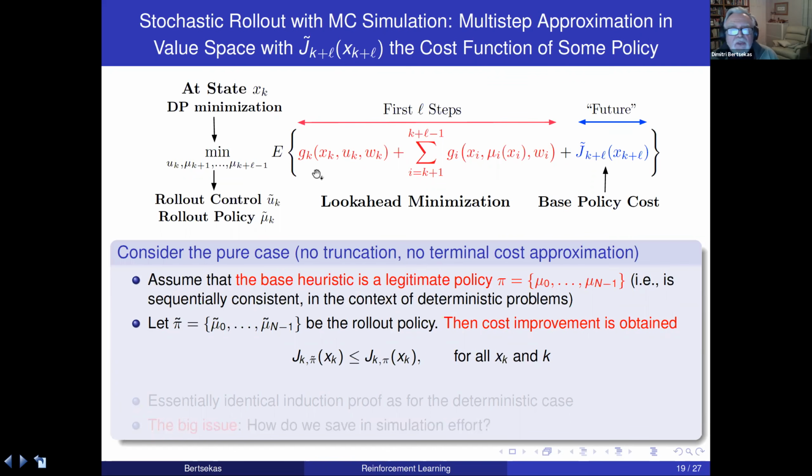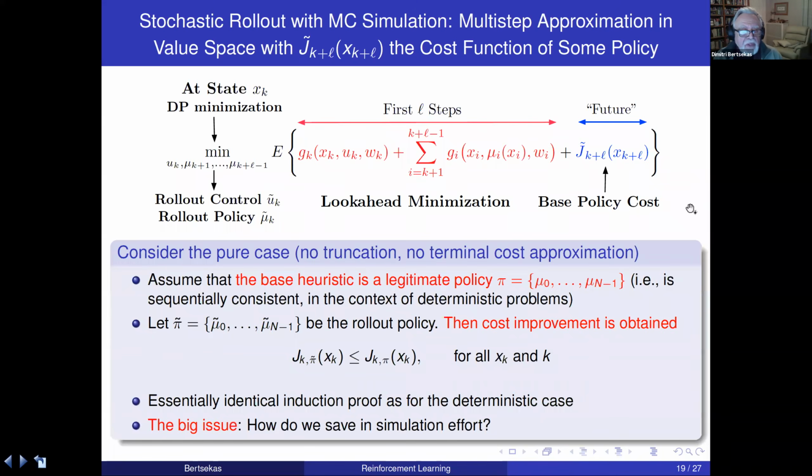But in Monte Carlo simulation, there's a significant issue having to do with variance reduction. The average that you get based on simulation samples may have large variance or small variance. How you do the simulation can play a big role in reducing the variance. And you can save simulation effort by using variance reduction techniques tailored to this context of stochastic rollout. We're not going to get into the details, but I want you to be aware of the fact that there's more than meets the eye and that we have covered in this field.